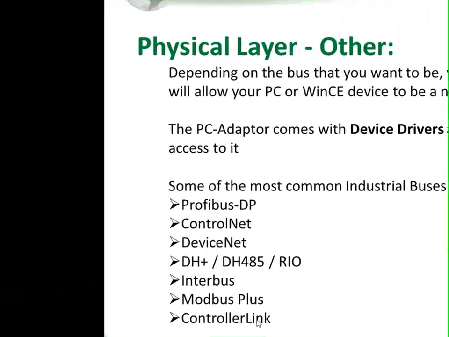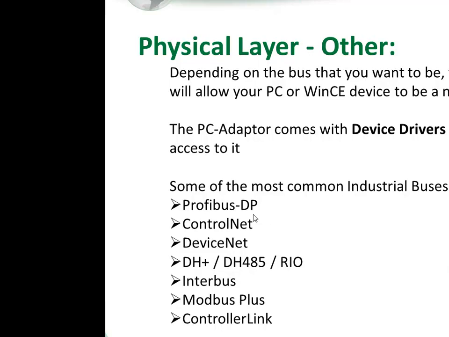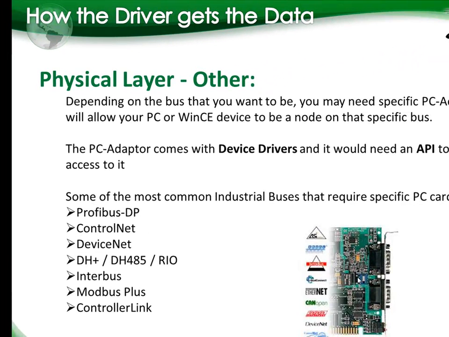So if you want to be in any of these networks, you're going to need a card on your PC, and as you put in the card, you're going to install a device driver so Windows can access these ports.